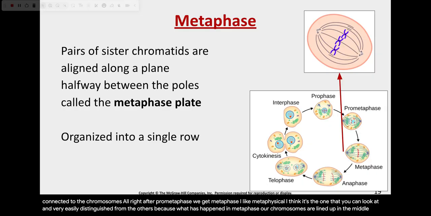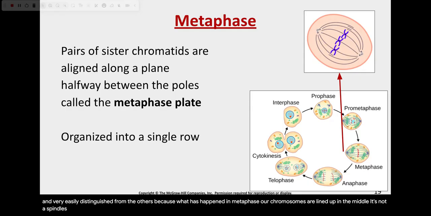My mitotic spindles are completely formed. The centrosomes are still at the poles. My chromosomes are lined up in the middle in a singular row. Okay, and the mitotic spindle is still attached to these chromosomes.